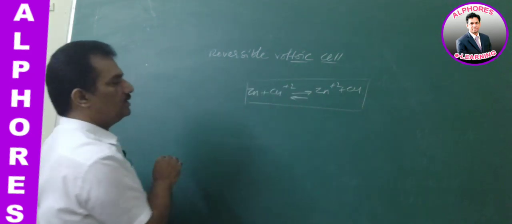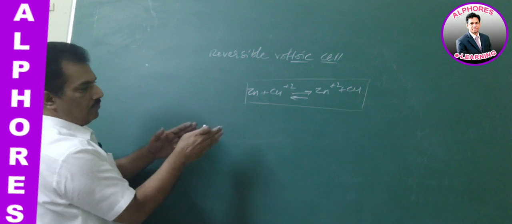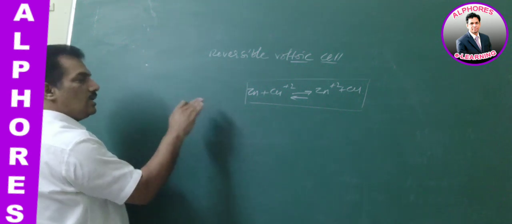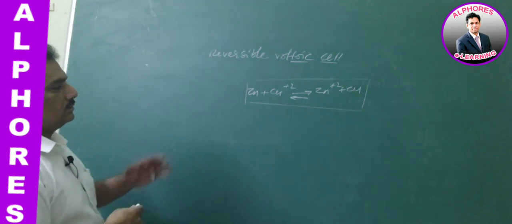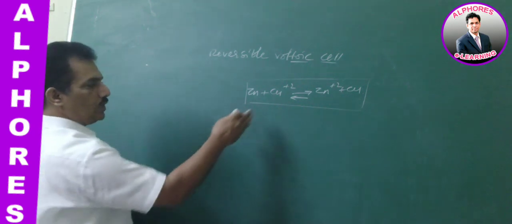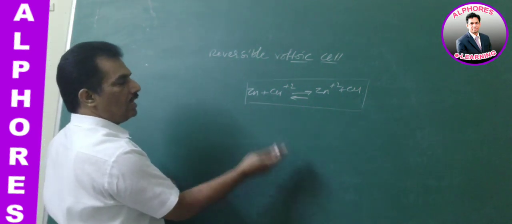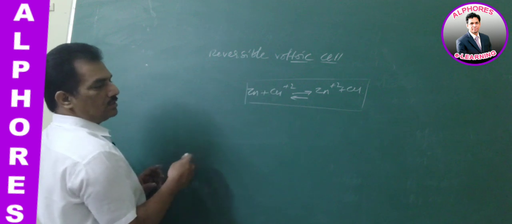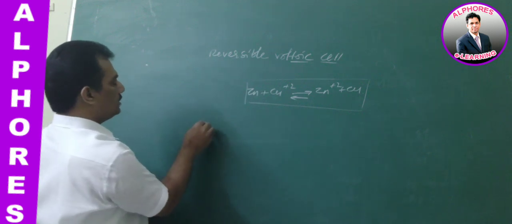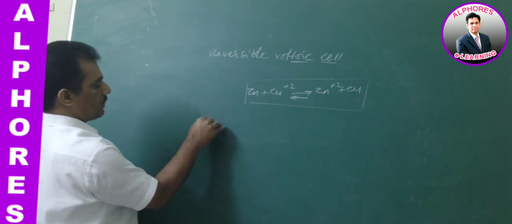Just consider when this voltaic cell is connected with some other external EMF. From this voltaic cell we are getting some EMF, and it is connected with some other external battery, then we can observe three phenomena.